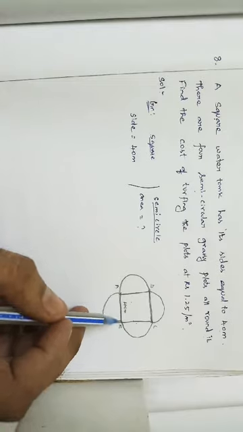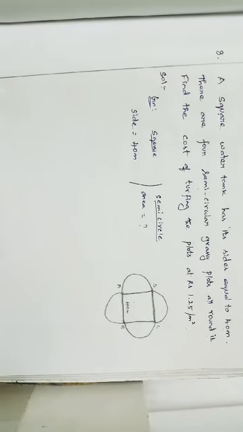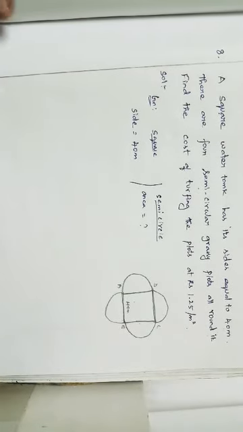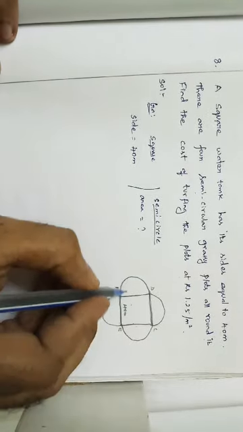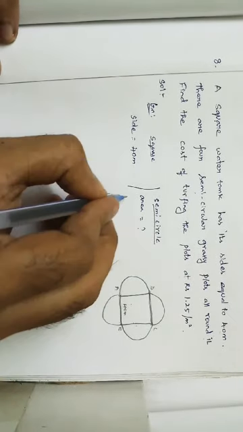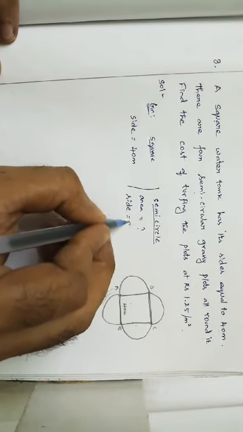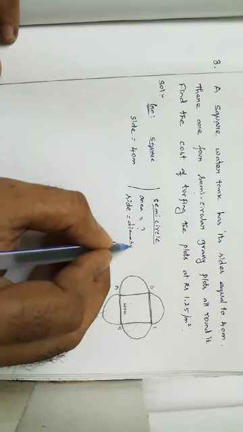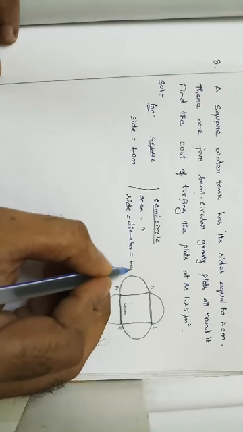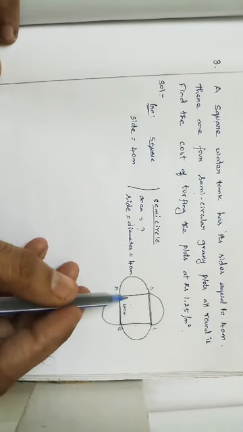So already we know that the length of AB is 40 meter. The side of a square is equal to the diameter of a semicircle. The diameter of a semicircle is equal to 40 meter.